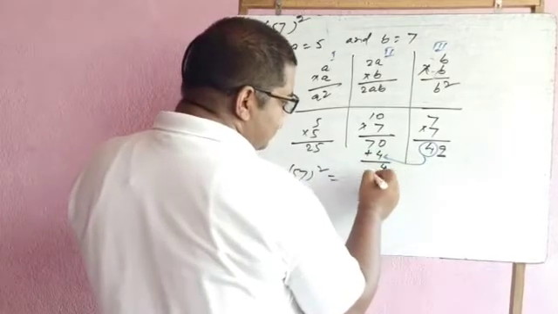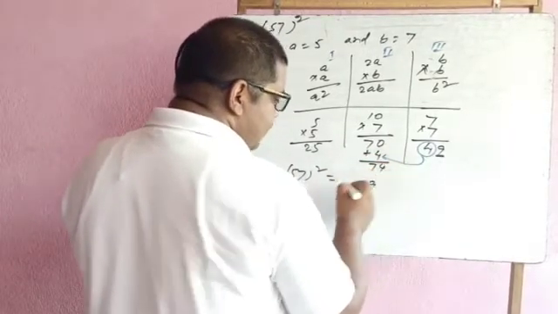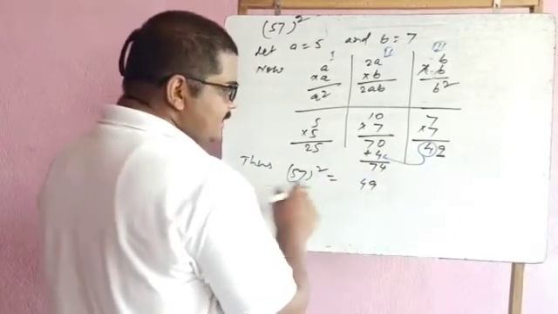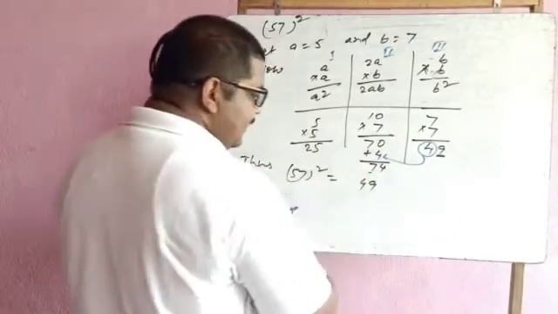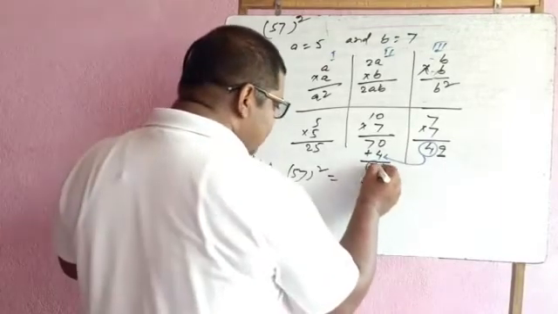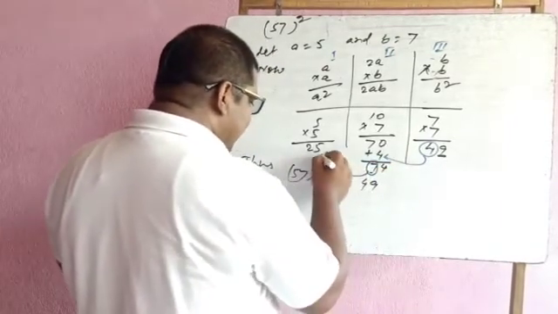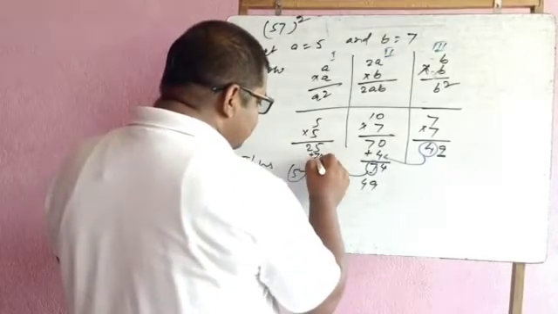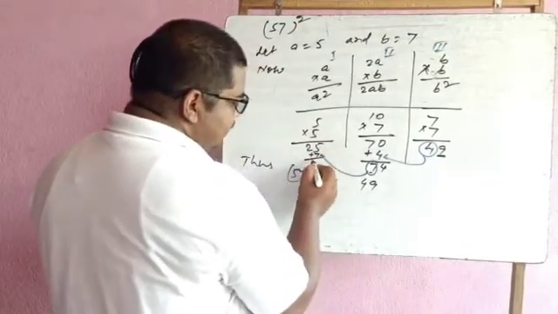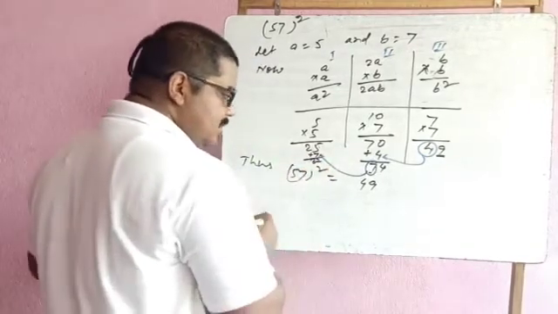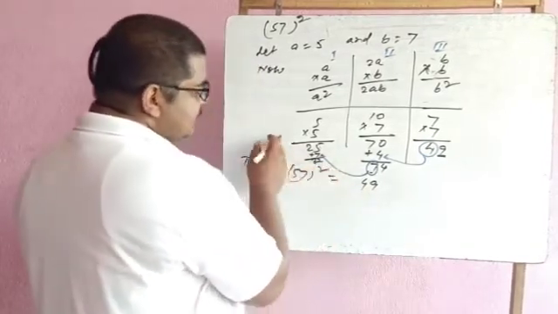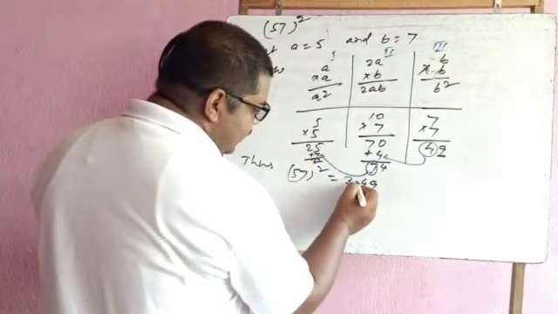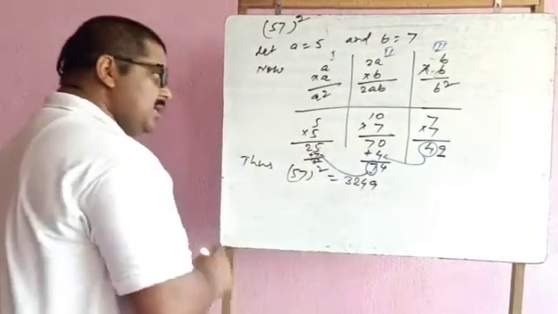What will be the addition? 4 plus 70 is 74. You write 4, and what is left? 7 is left. So 7 you have to add to the first part, and 25 plus 7 is equal to 32. Since there is no remainder, you write down 32.